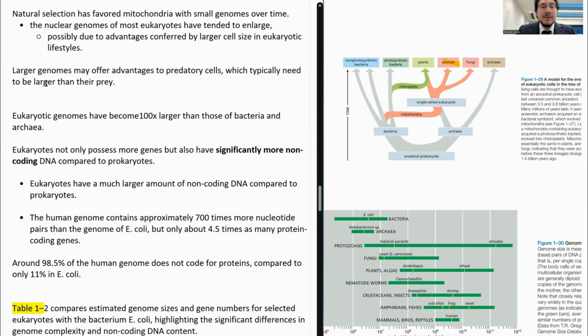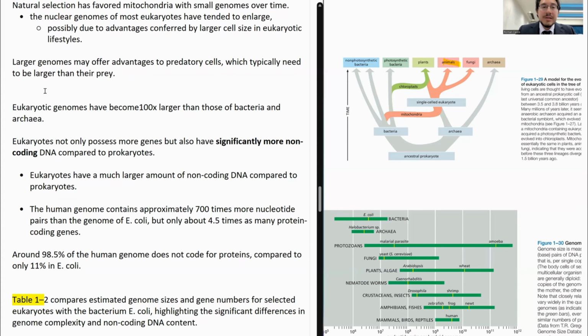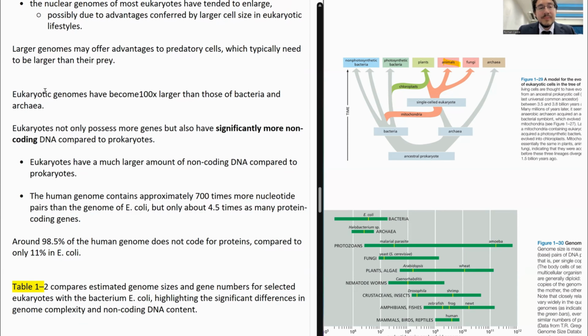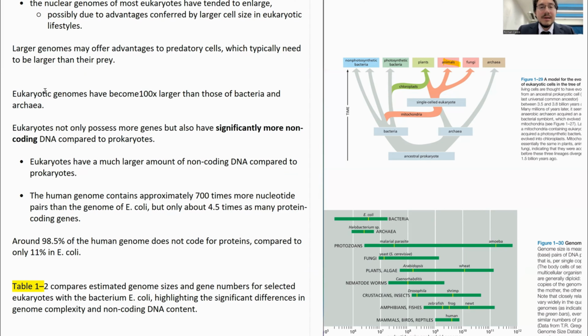Having larger genomes may offer advantages to predatory cells, which generally need to be larger than their prey. Eukaryotic genomes have become 100 times larger than those of bacteria and archaea, integrating their genomes within the larger nuclear genome pool.